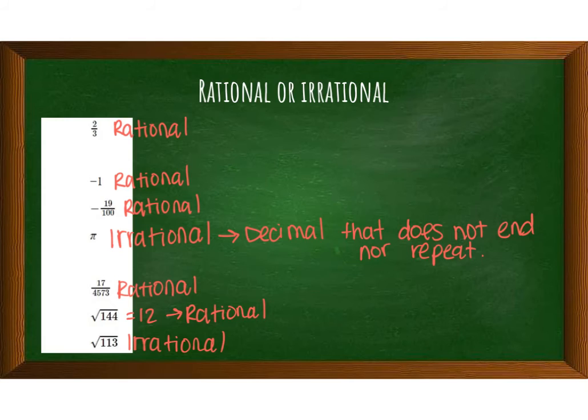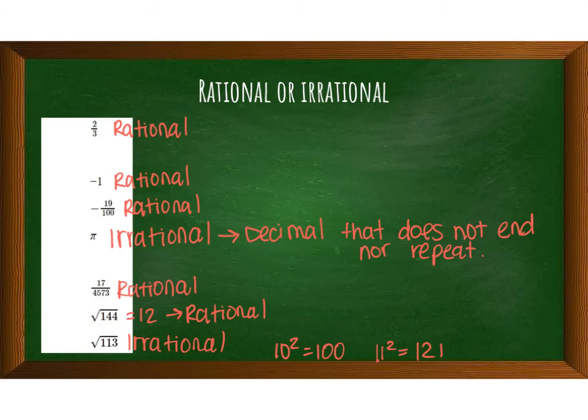Because no number squared will give us exactly 113, okay? 10 squared is 100, and then 11 squared is 121, okay? And 113 lies in between there, so it's somewhere between 10 and 11, but it is irrational.